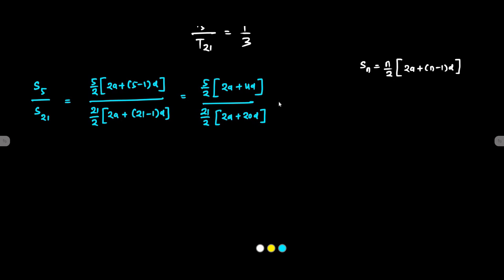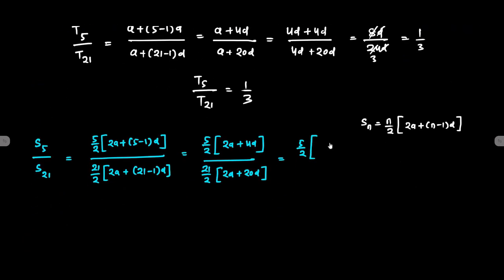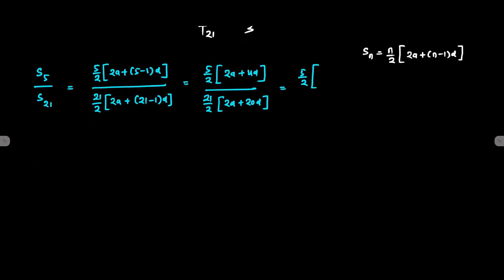Here, a is equal to how much? 4d. We derived the relationship between the first term and the common difference, that a is equal to 4d. So here 2a will become 8d. So this will be 5 by 2 into 8d plus 4d, and this will become 21 by 2 into 8d plus 20d.